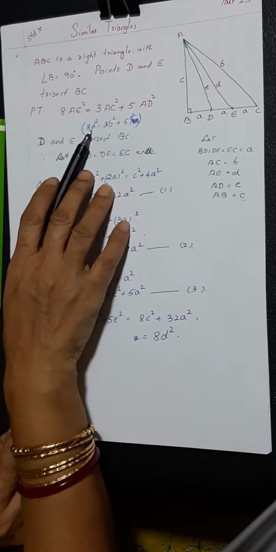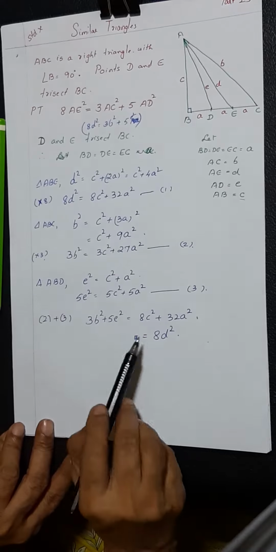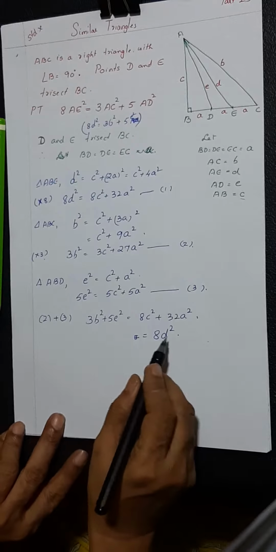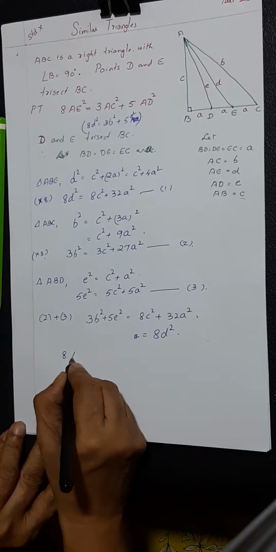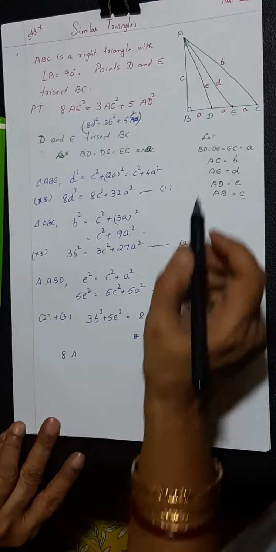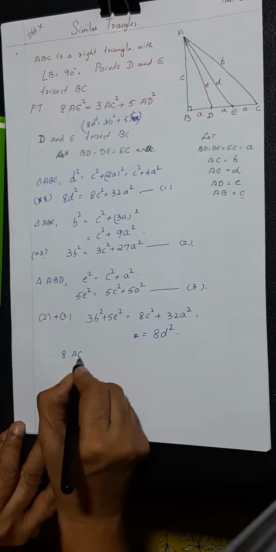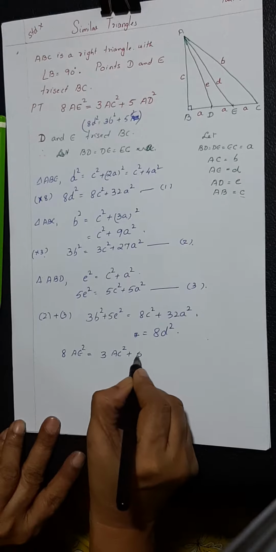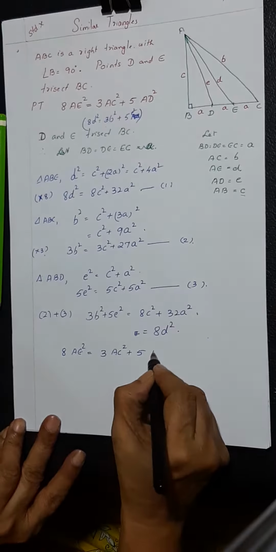So we have proved this. 8AE squared is equal to 3AC squared plus 5AD squared.